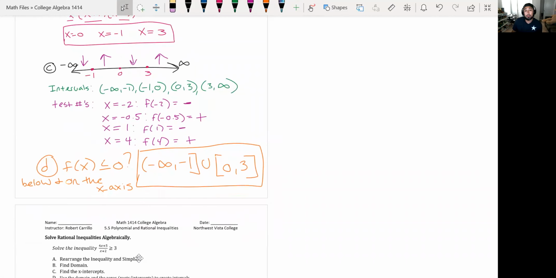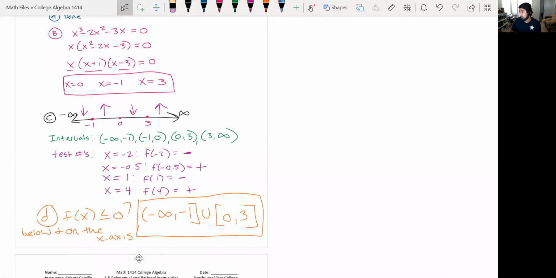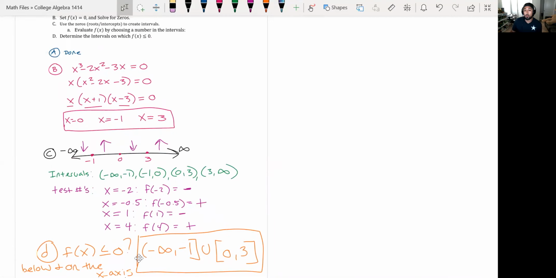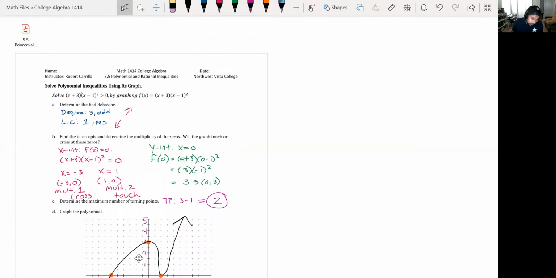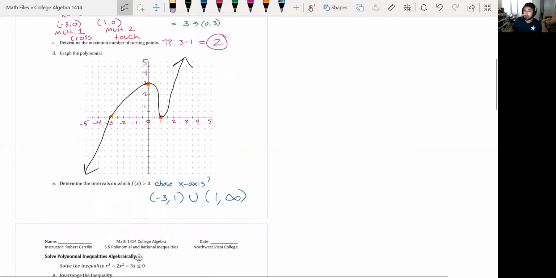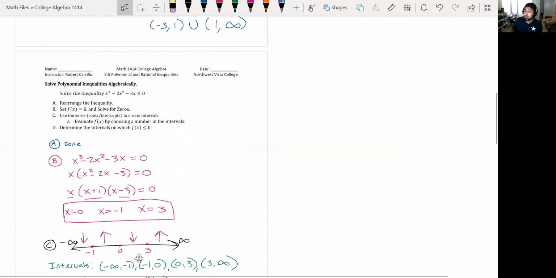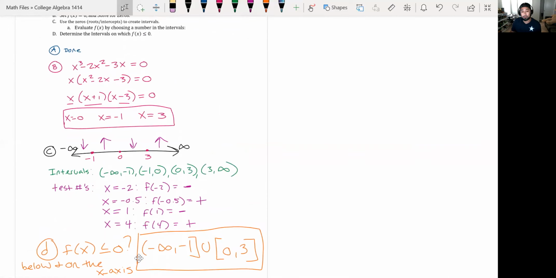Okay, perfect. So, did you like that better? Or did you like graphing, knowing end behavior, knowing turning points, doing all that? It seems that algebraically, it was much faster, especially if you have a calculator. The same can be said for rational functions.